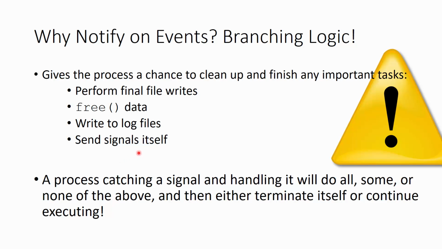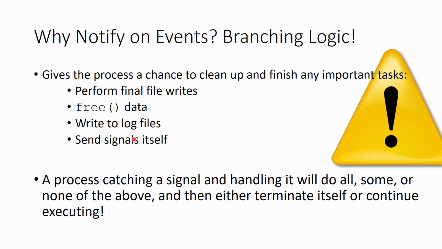So when a process is catching a signal, and again, catch just means that you register some signal handler for that signal, and that signal handler can be one that you write or just take the default action. So when you're catching it, you can choose to do all of these or none of them or some of them, whatever you want. And then after you've done that, that signal, once it's caught, is not going to continue.